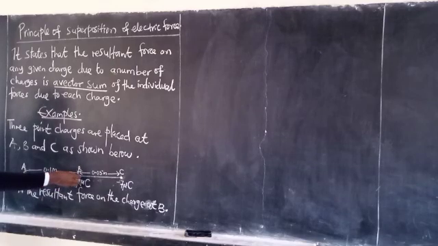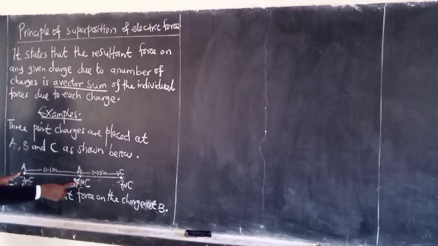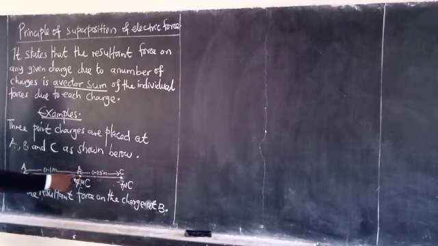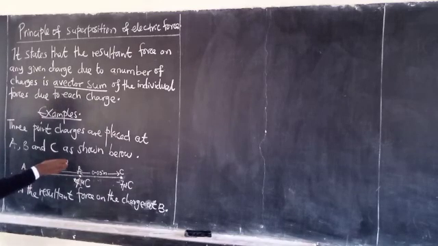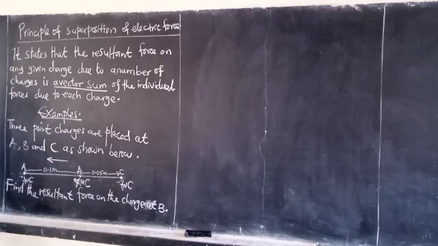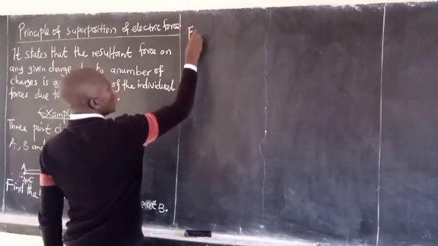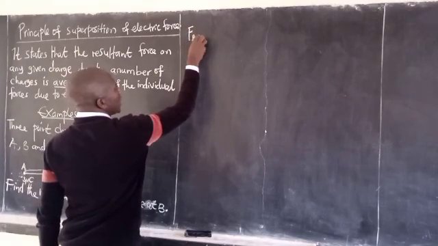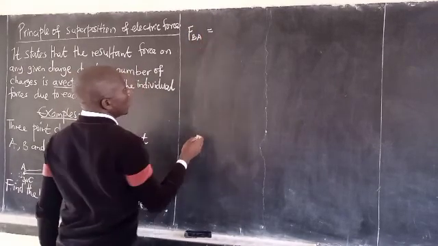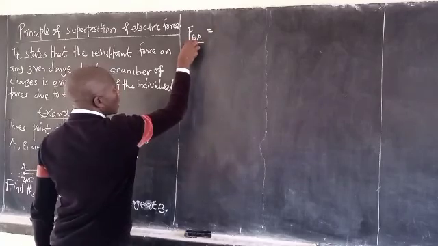If I get this charge at B and I try to bring it towards A, does it go there? Yes, because this is positive, this is negative. So if I try to take this charge at B in the direction of A, it will go there, meaning that our force will be in this direction. That is to say, the force on the charge at B due to the charge at A is in this direction, as you can see.